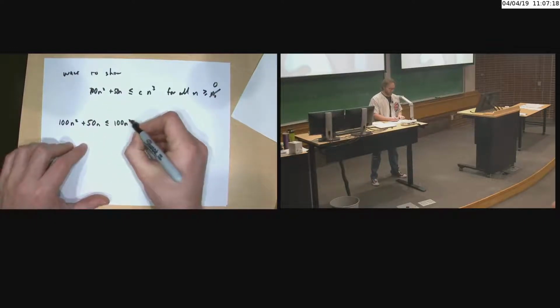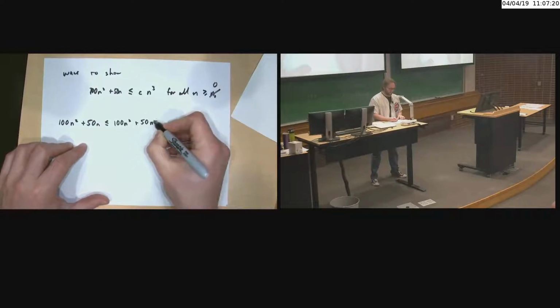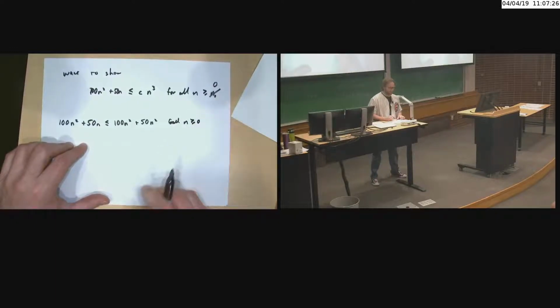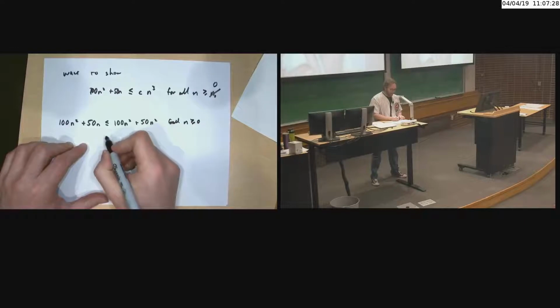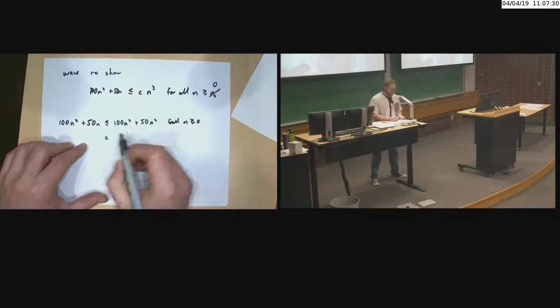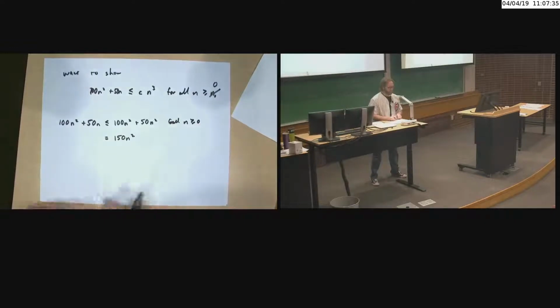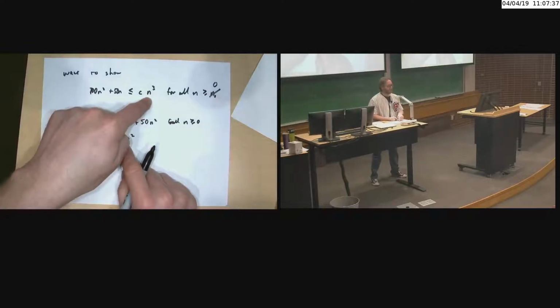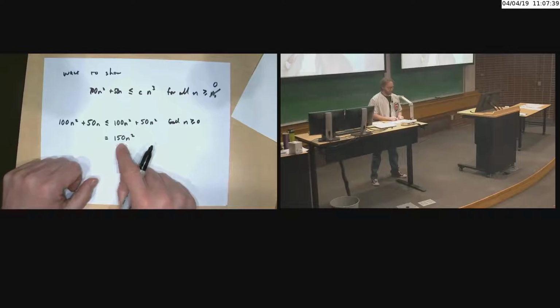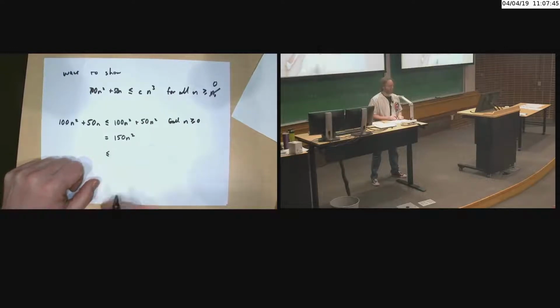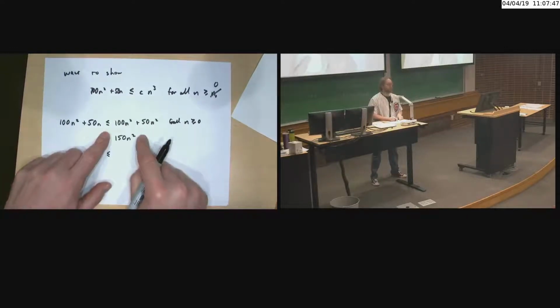So 100n squared plus 50n squared, for all n greater than or equal to 0. That's certainly true. And now this, carrying it down here, is equal to 150n squared. It looks almost like this, right? I've got a constant out front, c, 150, but it's n squared. How can I make it look like that? Just make another inequality. How can I make this bigger? Do it again.